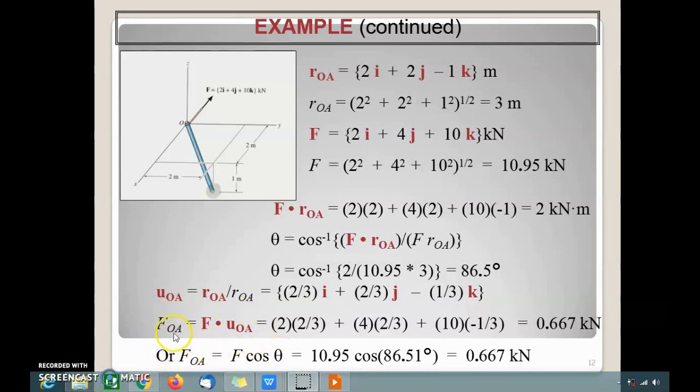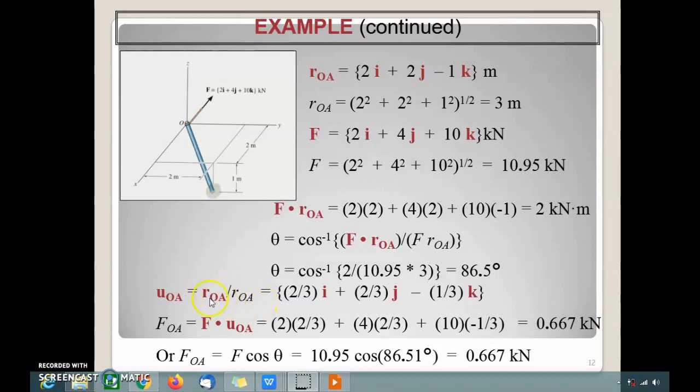First let's look at this method. FOA is equal to the vector form of force dot product with the unit vector of OA. This unit vector is the vector ROA over the magnitude of ROA.